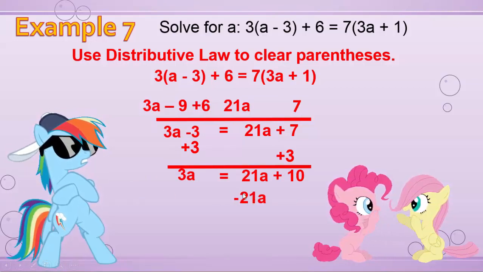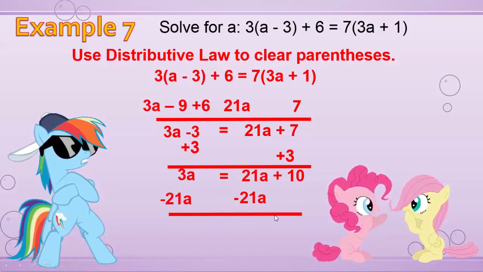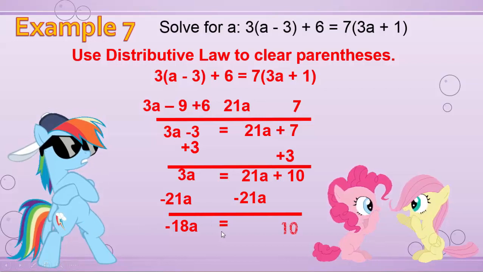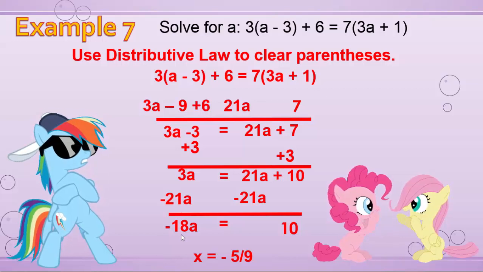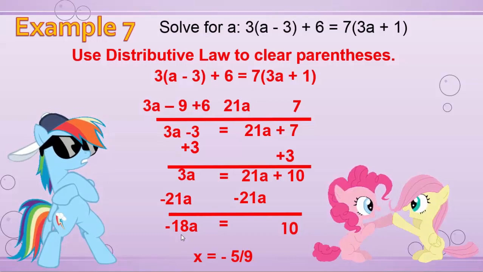And similarly, we did that to 21a by taking negative 21a and doing it to the other side. So we ended up finally with negative 18a is equal to 10. And then we divided both sides by negative 18 and simplified it in order to get a is equal to negative 5 over 9. Yes, fractions do happen.